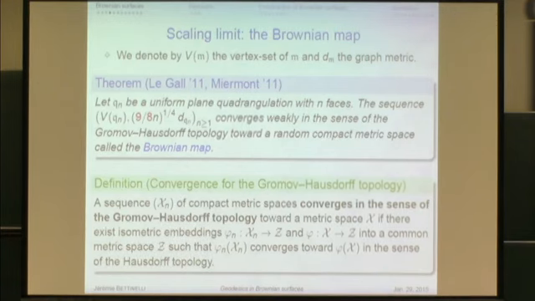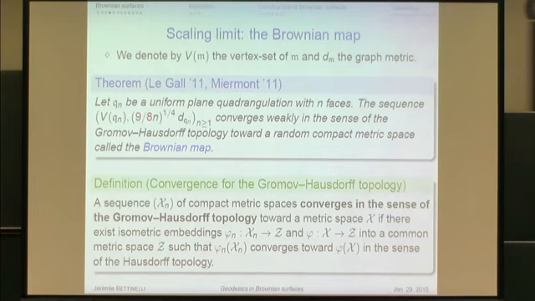And what I'm going to be interested in in this talk is to generalize this theorem to more general surfaces. Plane here means that the maps are maps of the sphere, and I'm going to look at other surfaces and similar results for other surfaces.